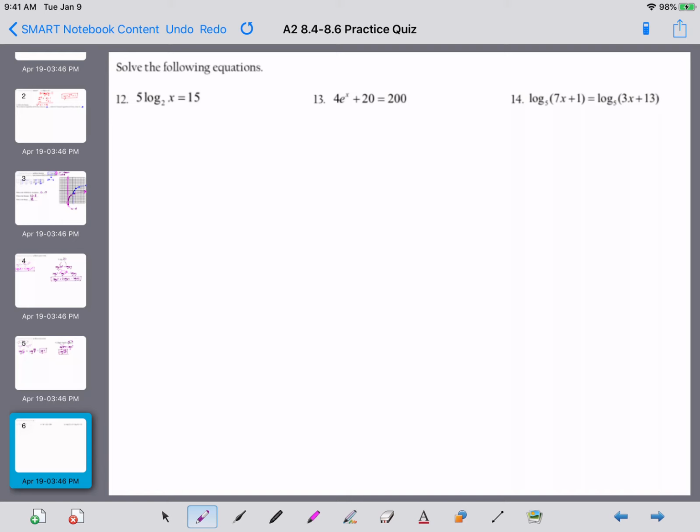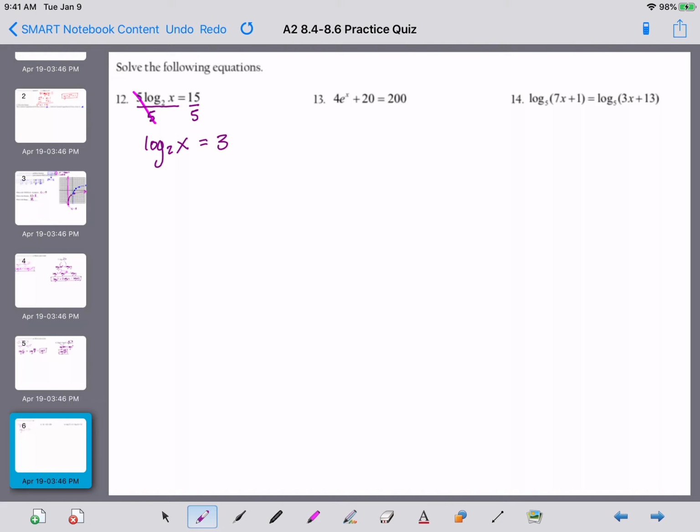So we're going to change this into exponential form. But before we can change form, we have to get the log all by itself. So we're going to go ahead and divide both sides by 5 to get rid of that 5 right here. So these will cancel. And we end up with log base 2 of x equals 3.